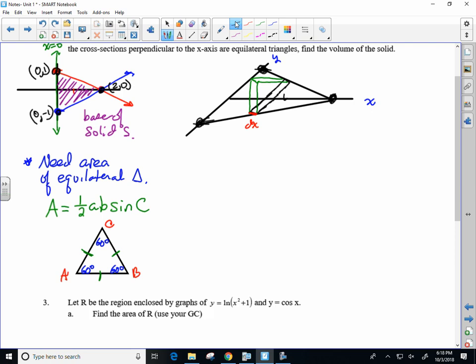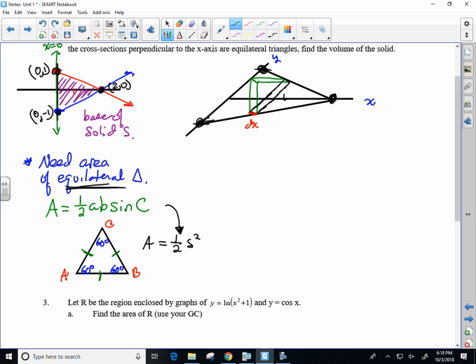Now, one thing I can keep in mind is for an equilateral triangle, we can streamline this a little bit. The area of that equilateral triangle is going to be 1/2 a b sine of the angle. A and B represent sides of the equilateral triangle, but we know all sides are congruent, so let me just change the variable there and call it S squared.